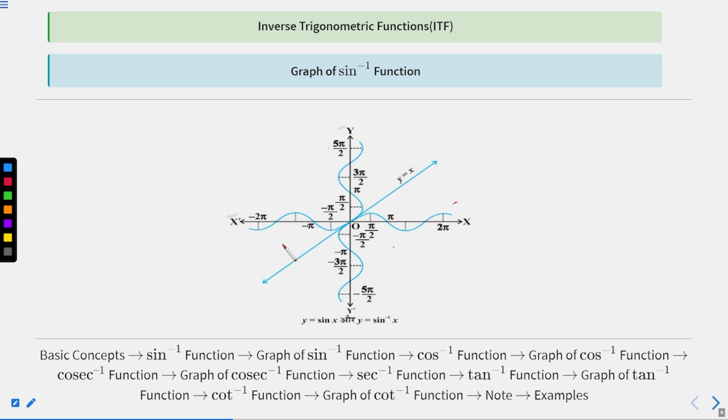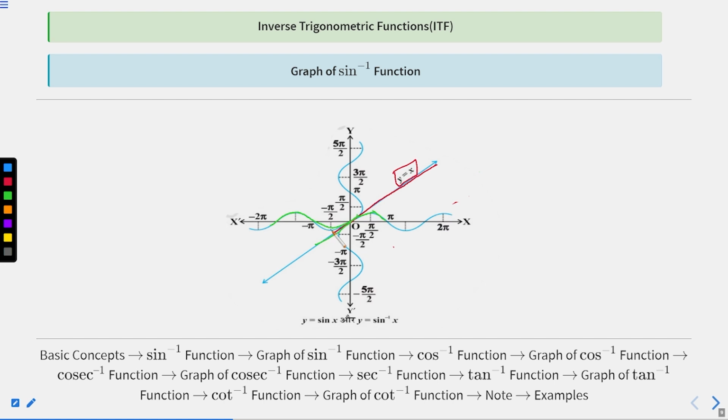Okay. And you can get your inverse function graph by just mirroring your graph with respect to the y equals x line. So plot the sine graph and mirror it with respect to this y equals x line.